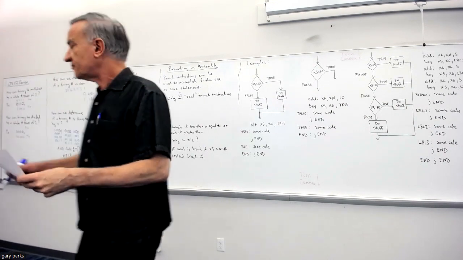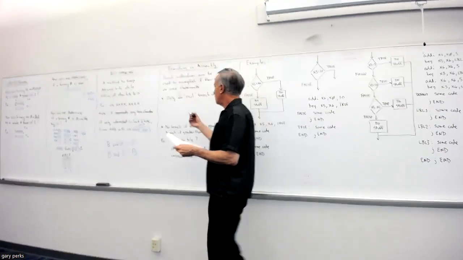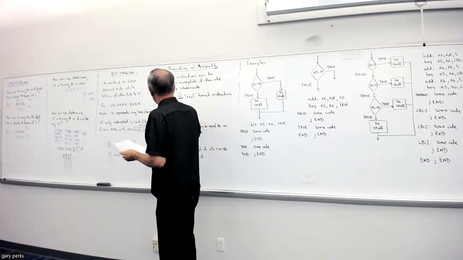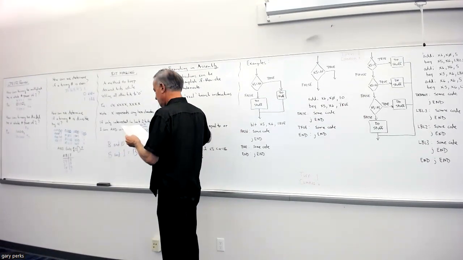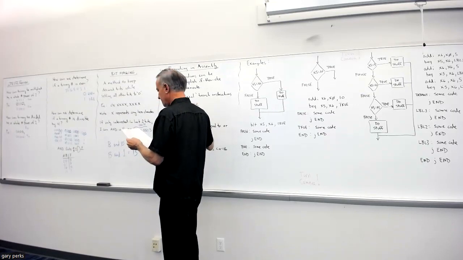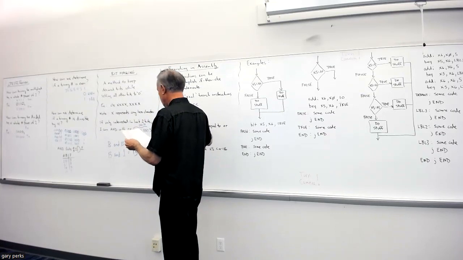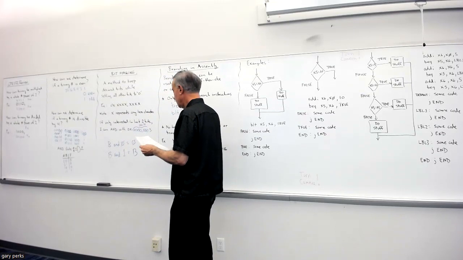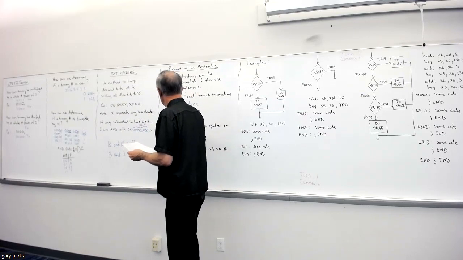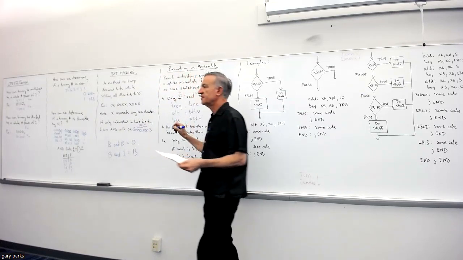All right, the 6 real branch instructions are the following. Branch if equal, branch if not equal, branch if less than, branch if less than unsigned, branch if greater than or equal to, branch if greater than or equal to unsigned.